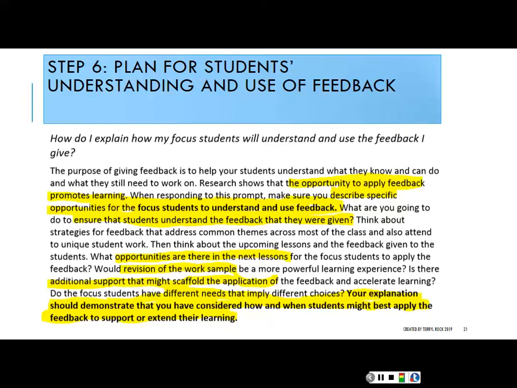So what's the strategy? You just need to make sure that what you talk about is part of the strategy that you're teaching.